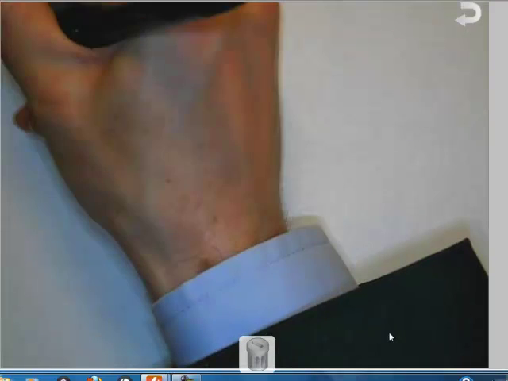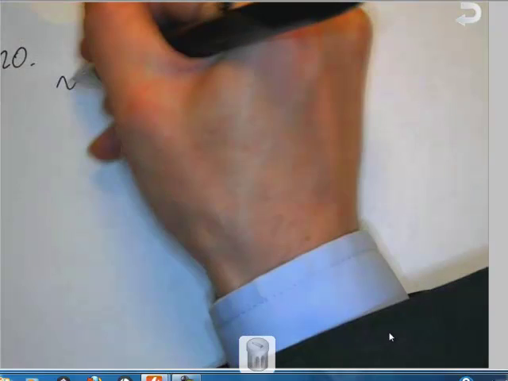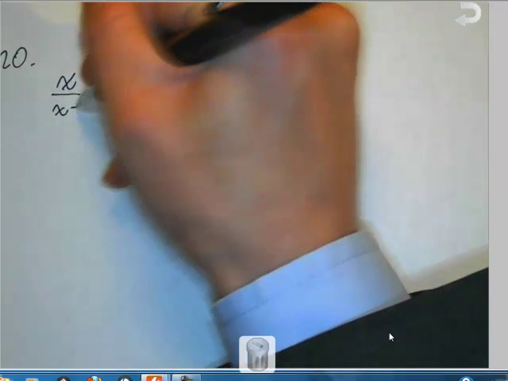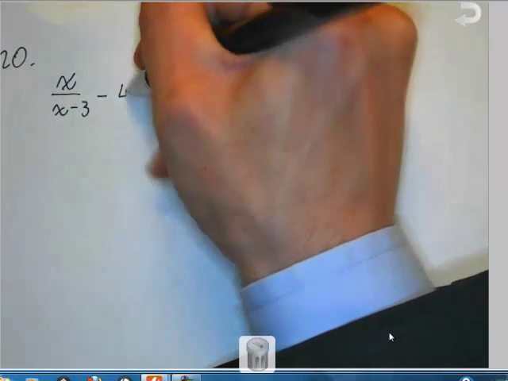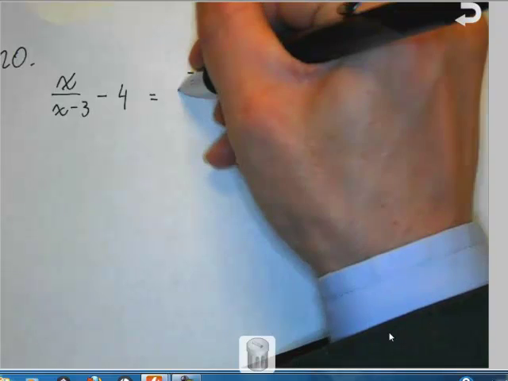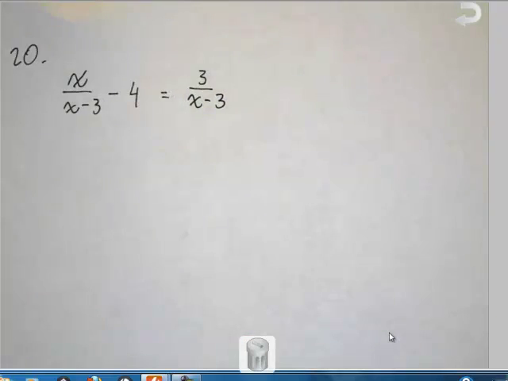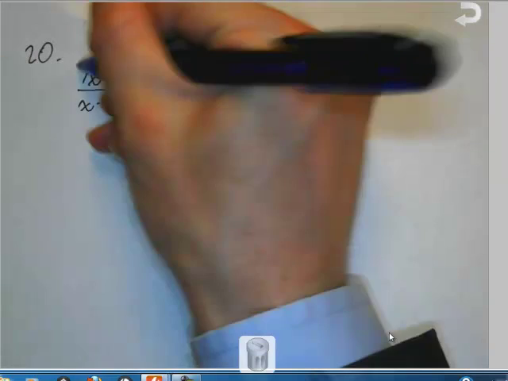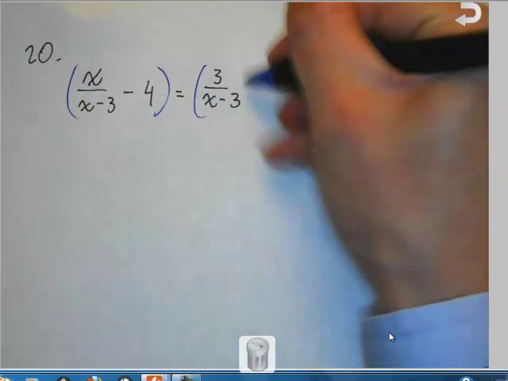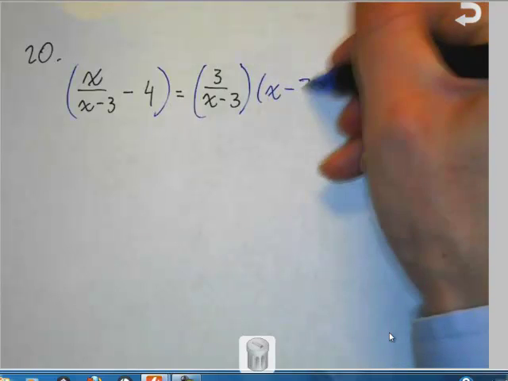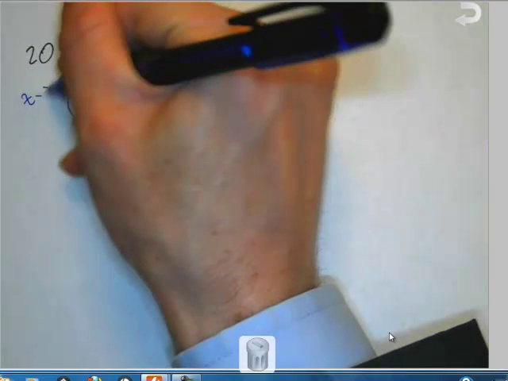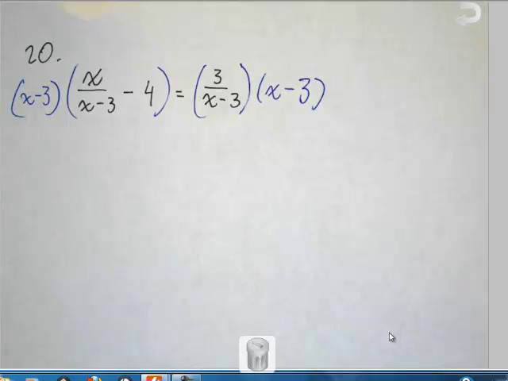For number 20, you have x over x minus 3 minus 4 is equal to 3 over x minus 3. Nicely enough, they all have the same denominator. So what you will do, just like before, is multiply by the common denominator, which is x minus 3. Watch your parentheses, otherwise you will screw this up.